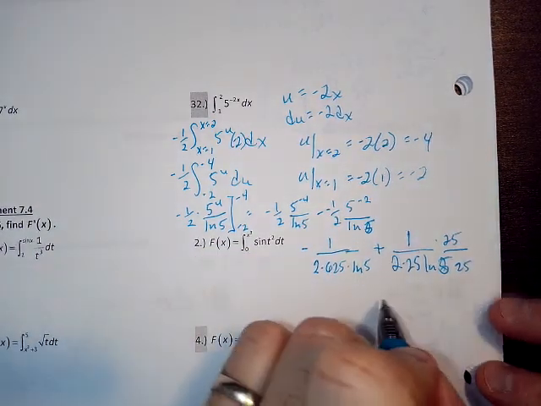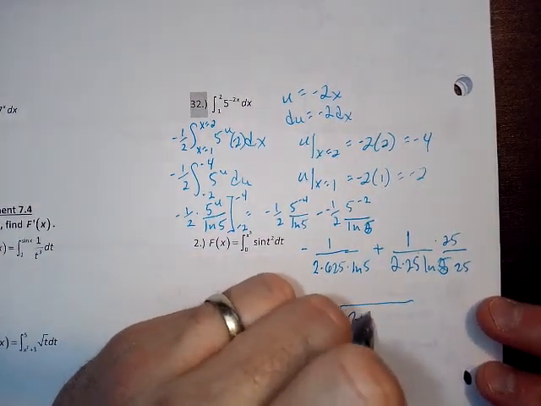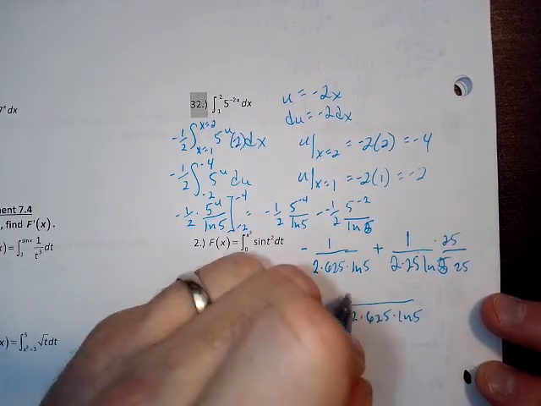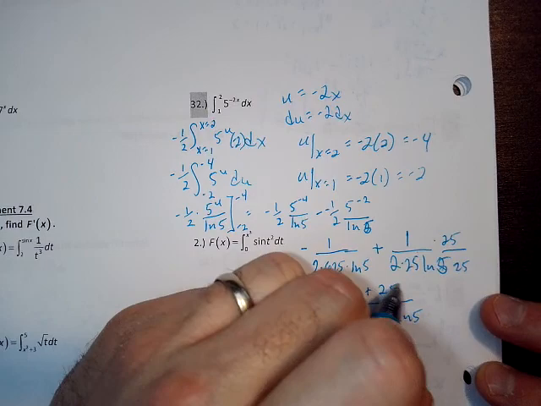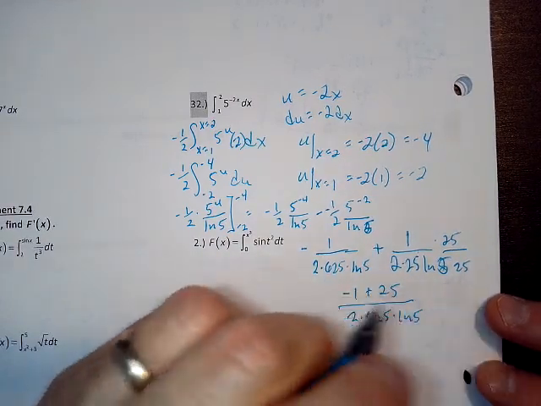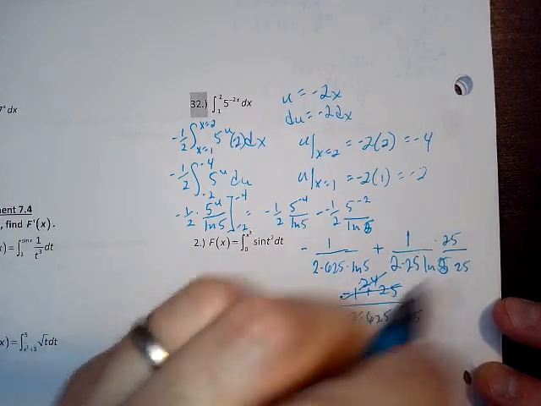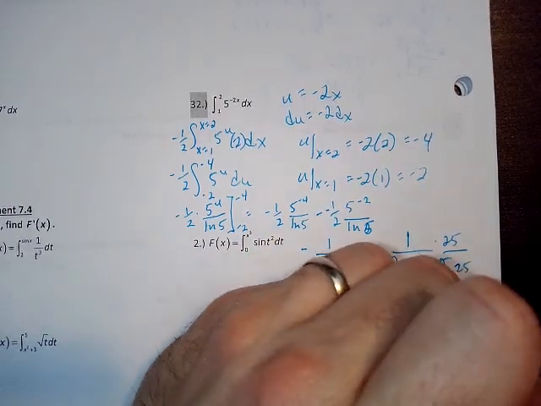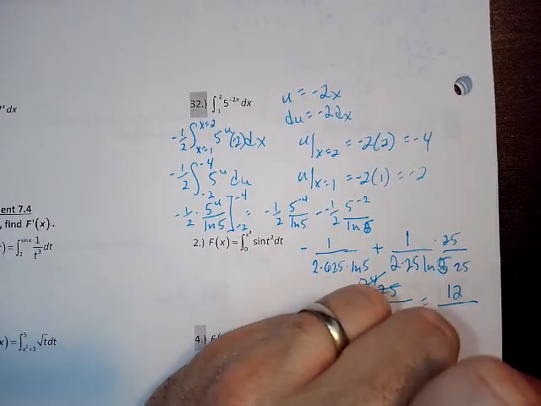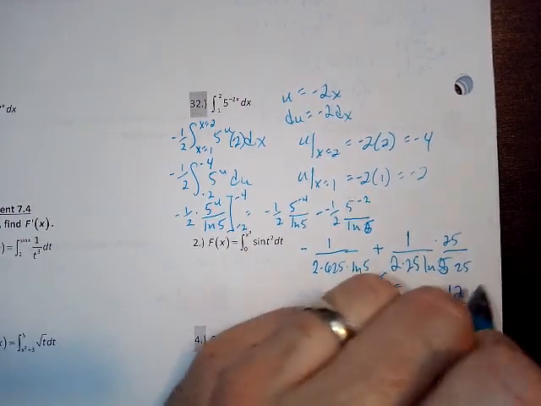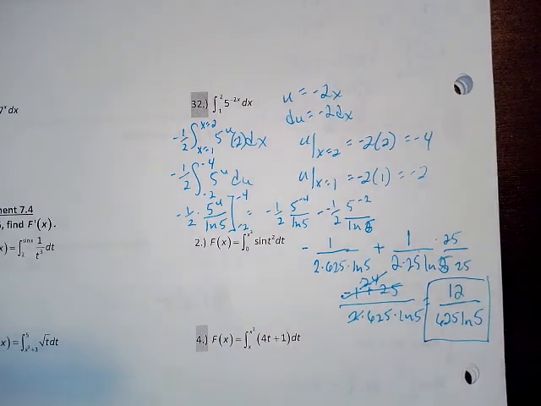So now my common denominator is 2 times 625 times the natural log of 5. This becomes negative 1 plus 25, so that gives me 24. And if that's 24, then that can reduce with the 2 to become a 12. And so that becomes 12 over 625 times the natural log of 5. And so that is my end result.